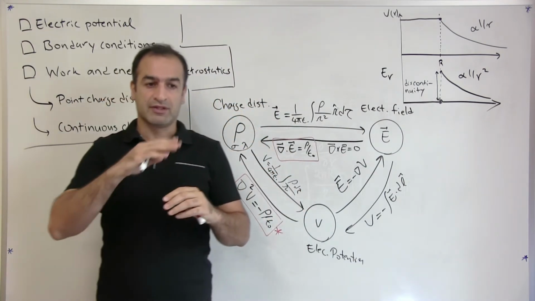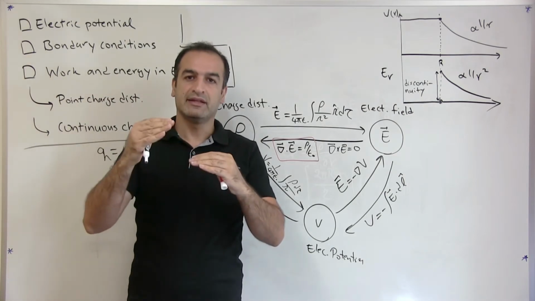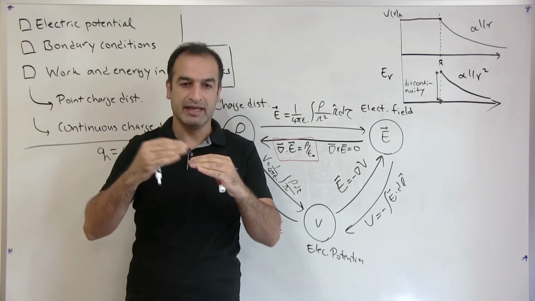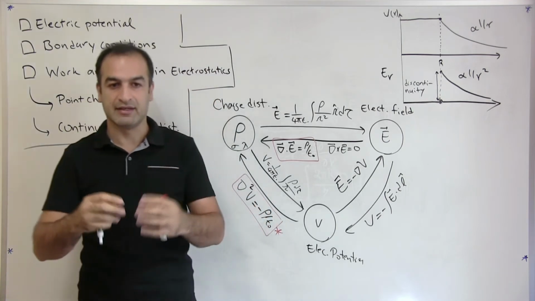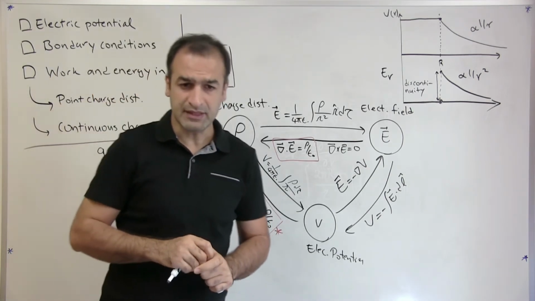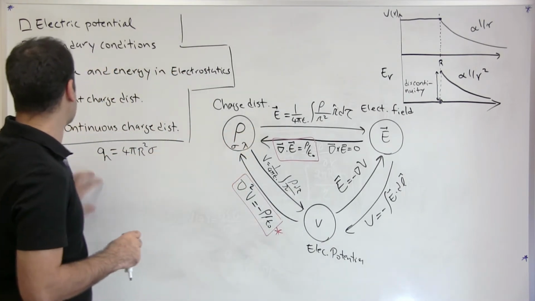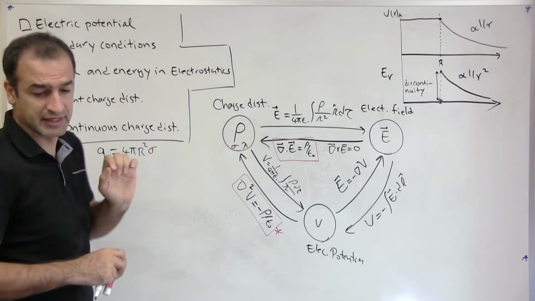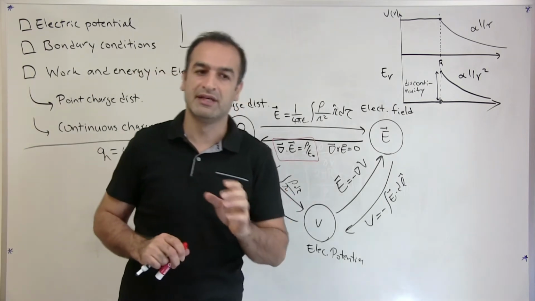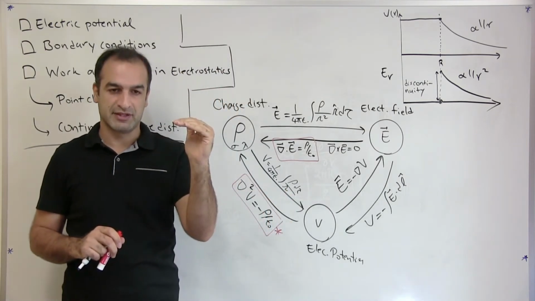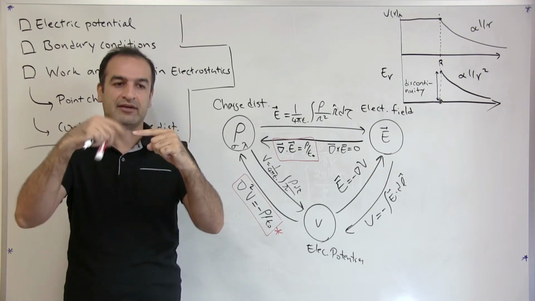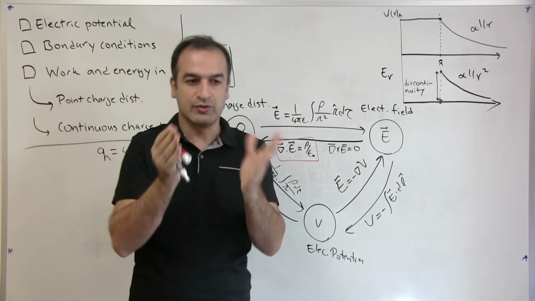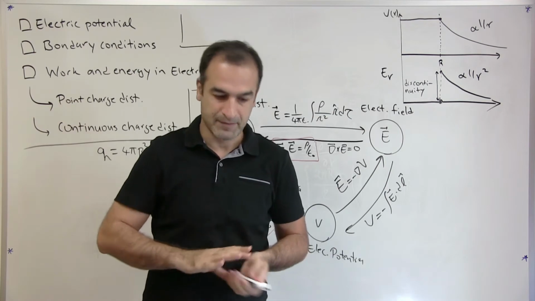Because you have charge distribution and the way the electric potential and electric field behave defines the solution of the potential and electric field, okay? So what I'm going to continue in the discussion, I'm going to look at the boundary condition. And the most important one is when you have a surface charge distribution and you're going to look at how the electric field behaves on two sides of this surface, okay?